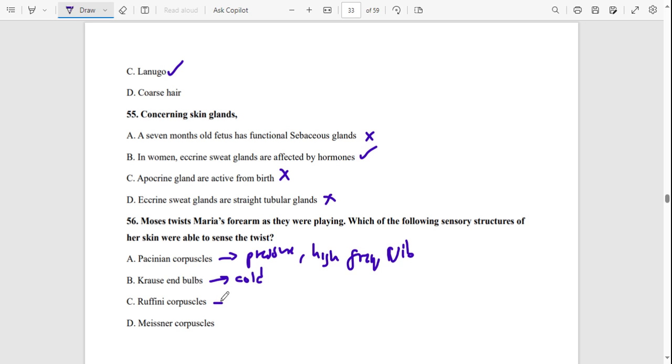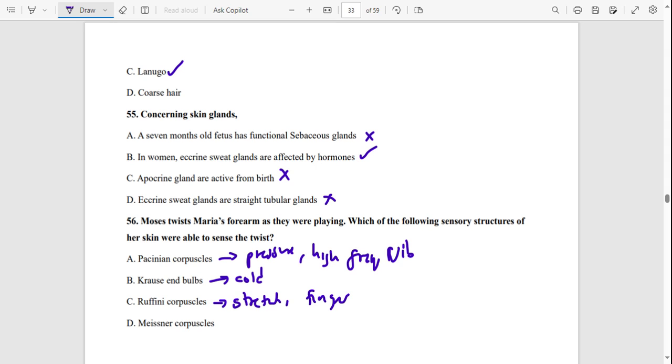And then the Ruffini corpuscle, these ones are involved in being able to notice a stretch. Apart from that, also some finger movements and those things. So they'll be able to notice that skin stretching.